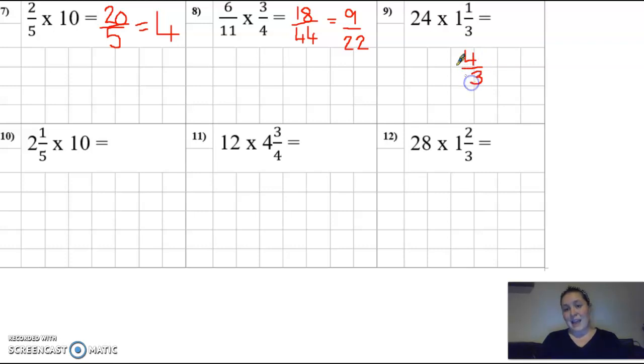And then 24 times 4 is 96. 96 over 3. Again, 96 over 3 is completely right, but also 3 will go exactly into 96, so it will make 32 wholes.